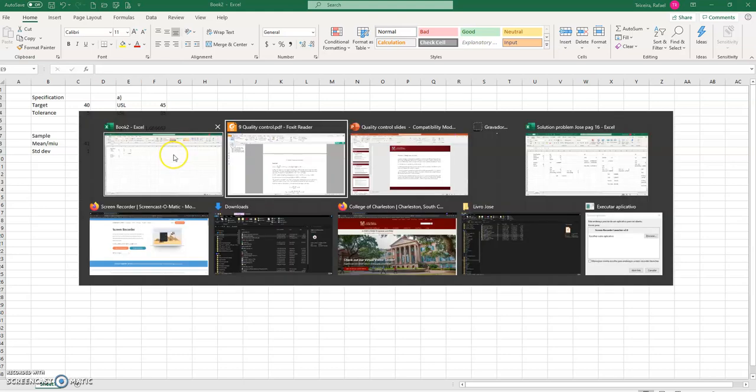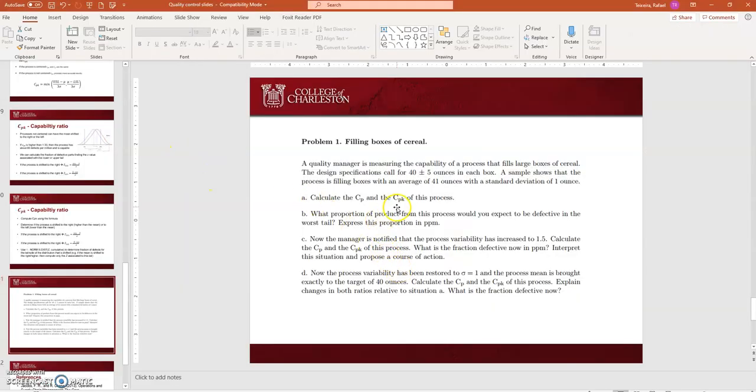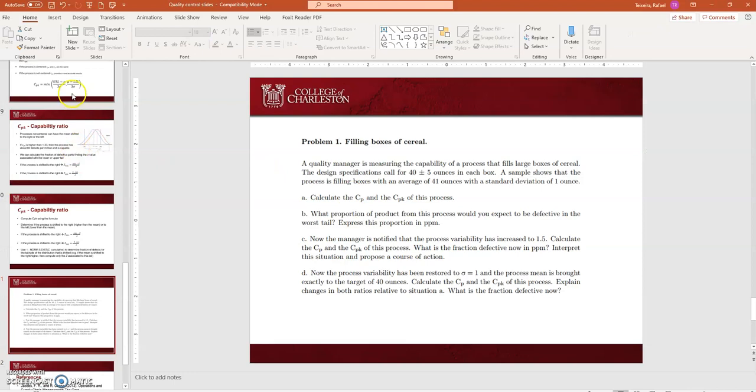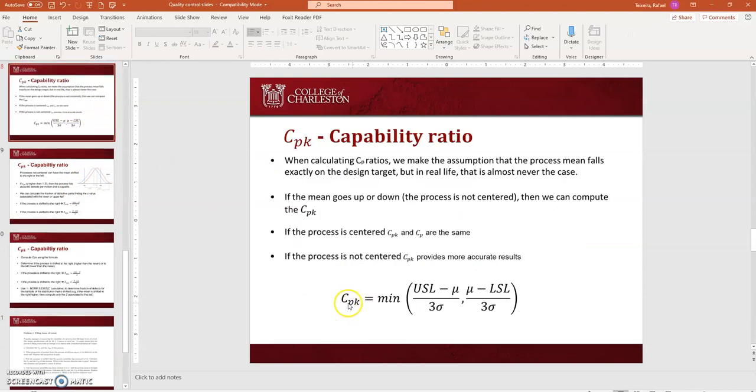Now if we go back here, we have to compute CPK. So CPK will use our sample mean, or mu, okay, and our sample mu is equal to 41. Now we're going to use these two formulas, first this formula and then this formula.